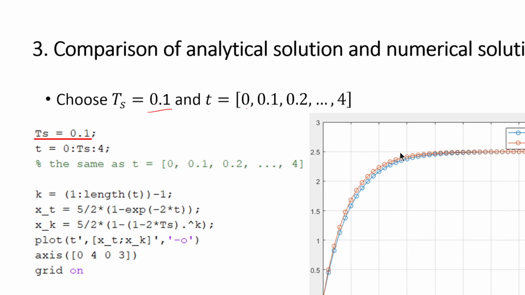Especially for a nonlinear system. For most of the systems, there's no way to find an analytical solution. You can only use numerical method to simulate it. But to represent it as a solution of the continuous system, you just need to choose a very, very small sample time. So this is the main point that you need to know from the lecture today.